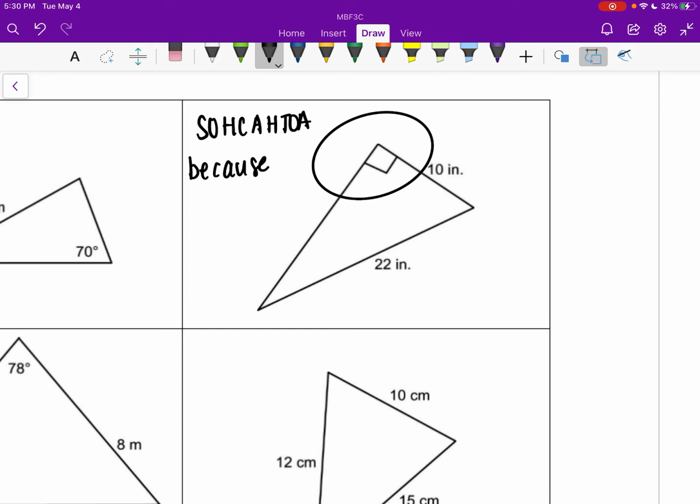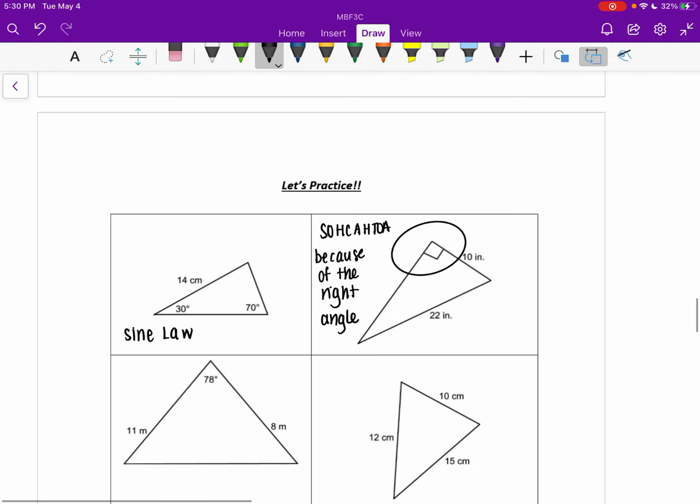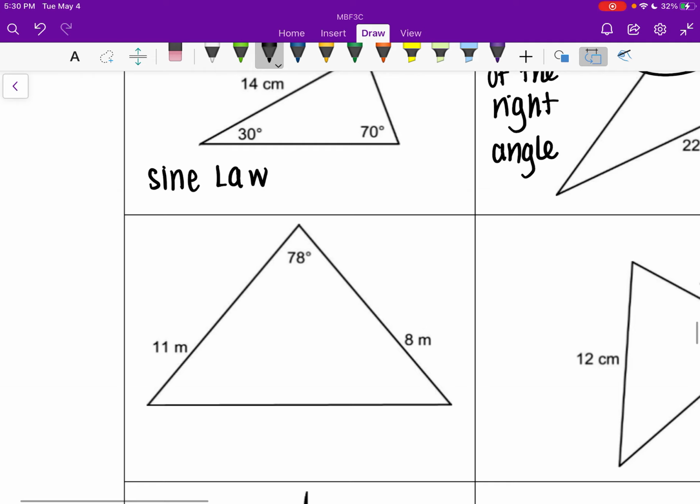because of the right angle, right? In this situation, you're given two sides, but you're given a contained angle, right? So this is actually SAS, right?